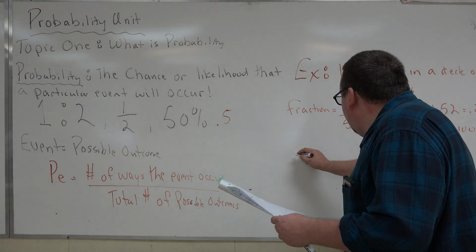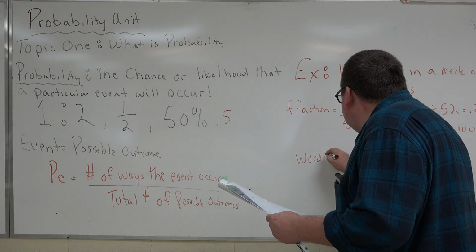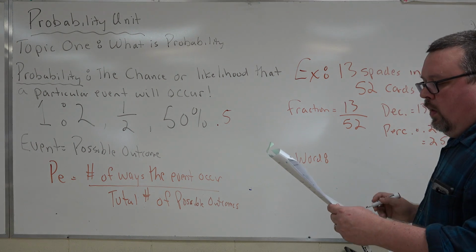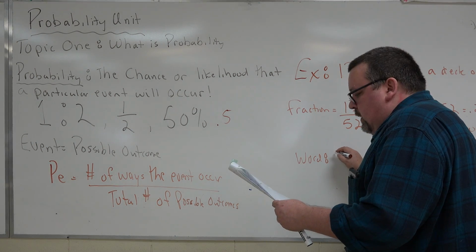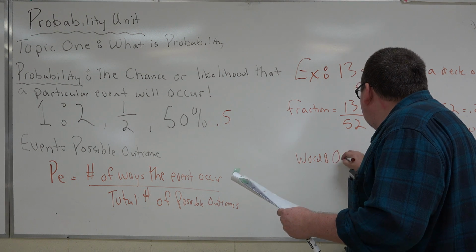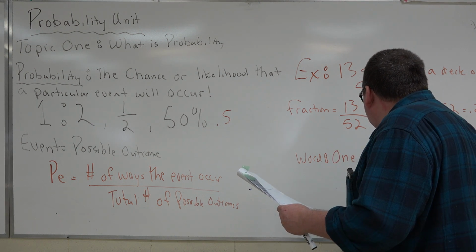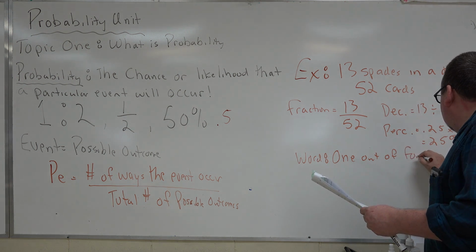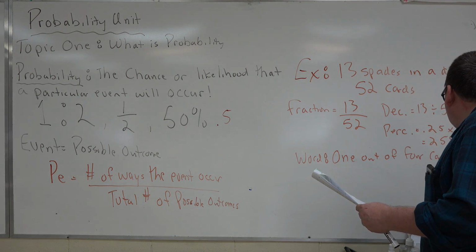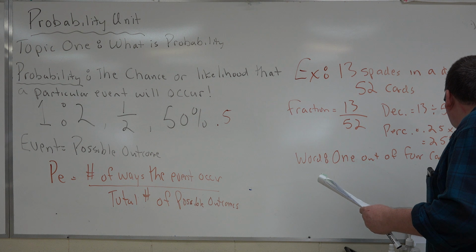Now, as a word form or statement, there are 2 ways you can write it. 1 out of 4 cards will equal a spade.